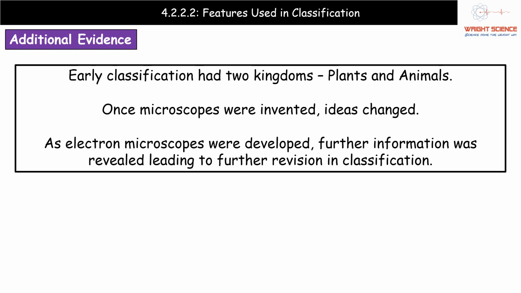And then obviously when we developed the electron microscope, we were then able to gain further information and therefore review our classification system even further. So one of those common themes through biology is as technology advances, then our understanding of the living world will advance, and this sometimes leads to a necessity to reclassify or to tweak certain ideas that we have.